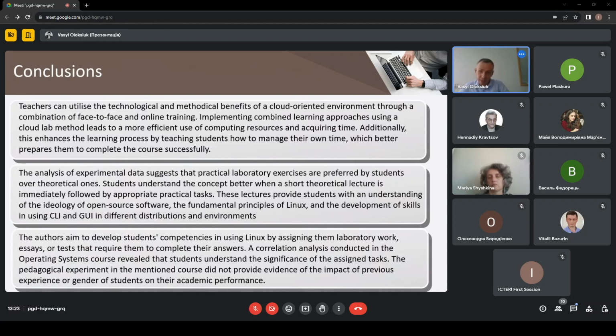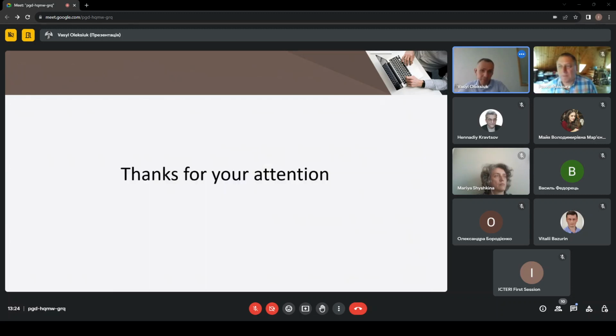Therefore, it can be reasonably concluded that the author's methodology of using cloud laboratories as a primary factor has a positive effect on the success rate of studying the Linux operating system by future computer science teachers.